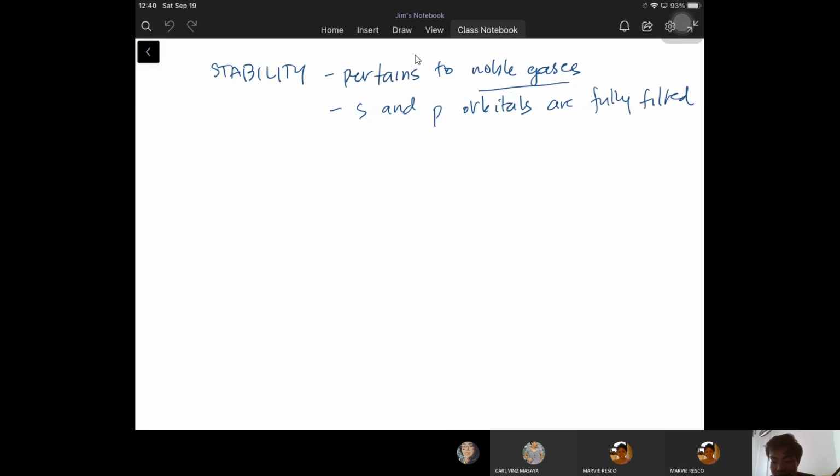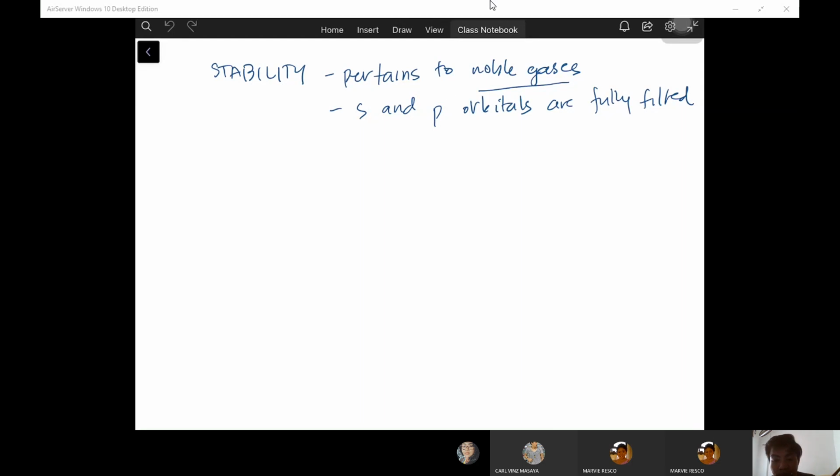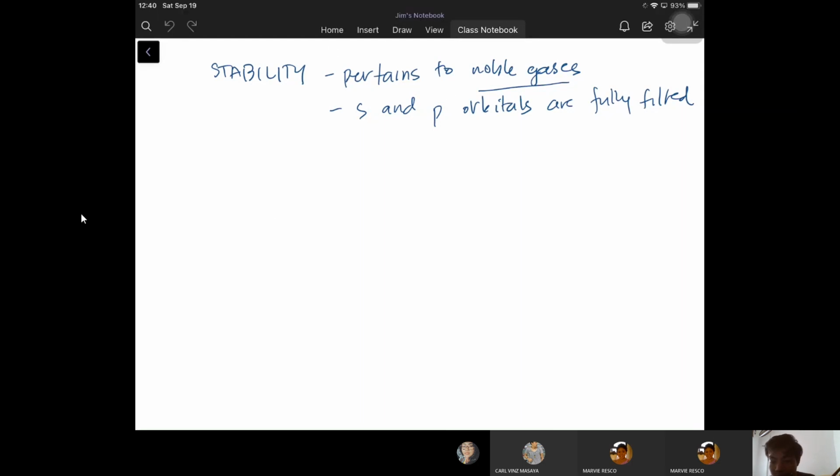So yun yung idea ng stability for atoms. So ibig sabihin nun, yung atoms para maging stable, kailangan maging noble gas siya. Okay. Pero ito yung catch. Kunwari ikaw, gusto mo maging stable, hindi naman necessary na ikaw ay maging si Bill Gates, 'di ba?